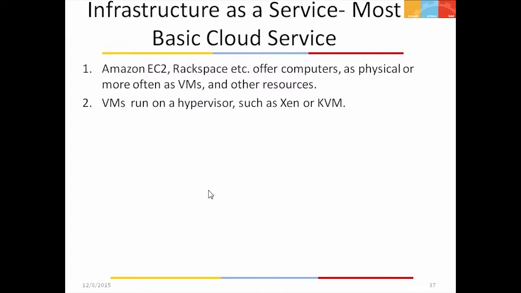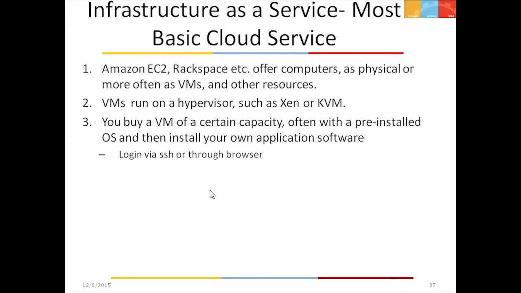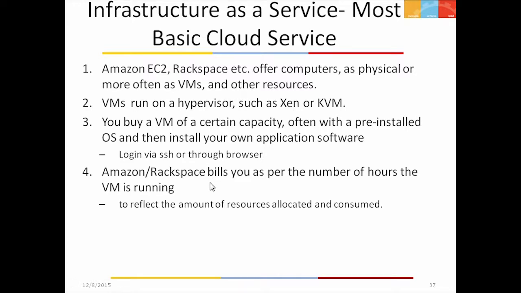So VMs run on a hypervisor such as Xen or KVM, and you as a client, you as an end customer, basically buy a VM of certain capacity, often with a pre-installed operating system, and then you install your own application software and log in to that VM via SSH or through a browser. So Amazon, Rackspace, and many other such IaaS providers will bill you as per the number of hours the VM is running. That basically reflects the amount of resources allocated or consumed.